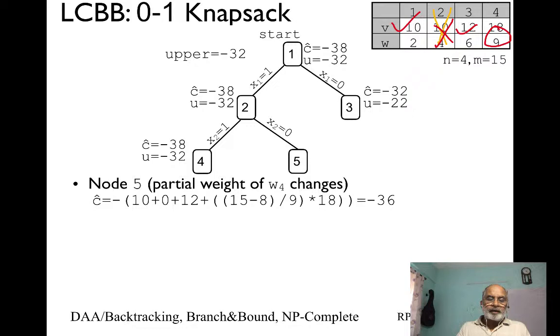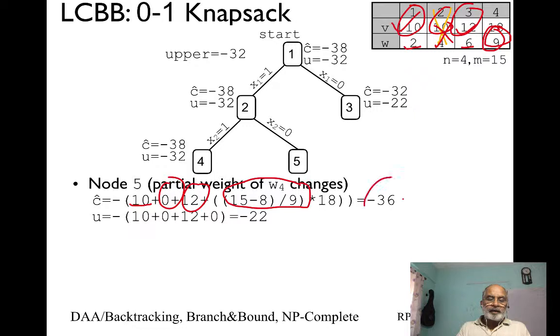So to compute cost, I'll take only partial amount, which meets this value of 15. So 2 plus 6 is 8. I need to add only 7 parts of it. So for cost computation, I'll take weight 7 to compute, and this cost becomes 10 for the x1, 0 for this case, 12 for third weight, and this is partial weight 7 for the fourth weight, and value becomes 36. What does my upper bound become?